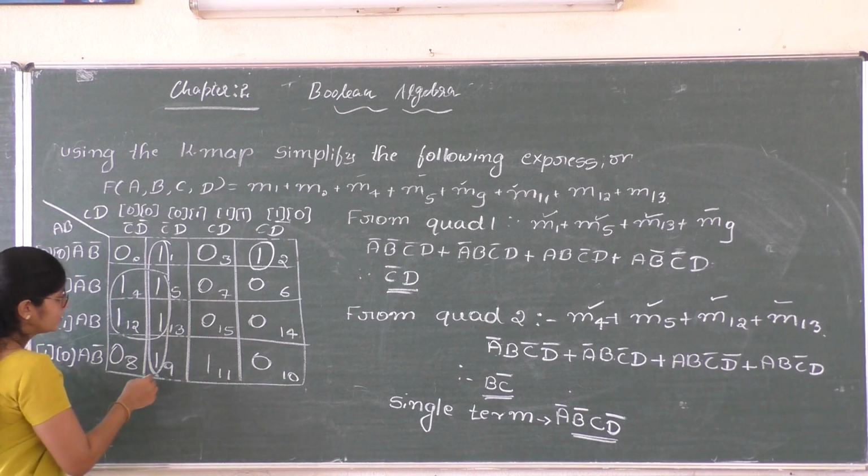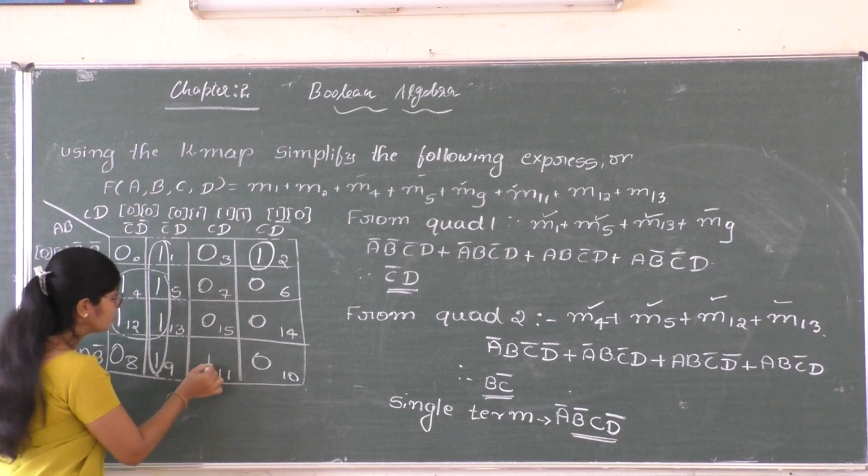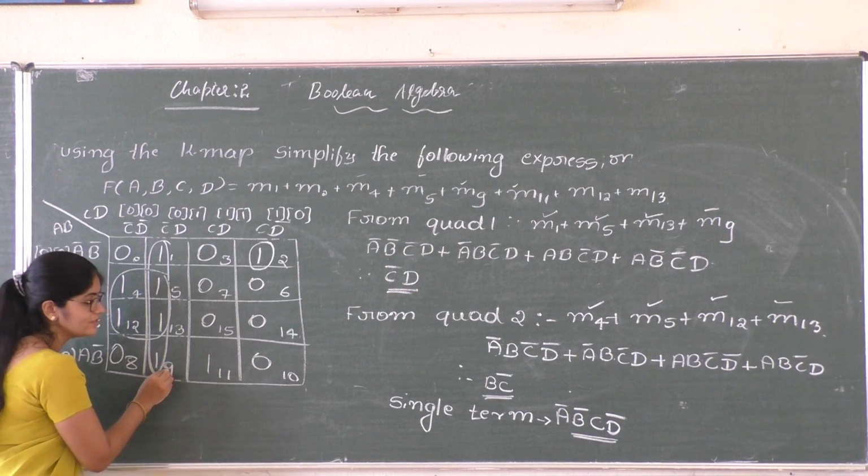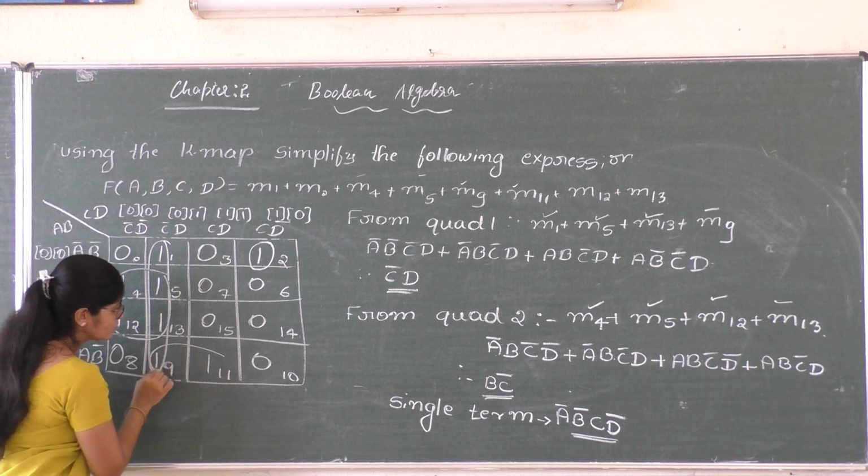Then here we can form a pair using ones in the 9th square and 11th square.